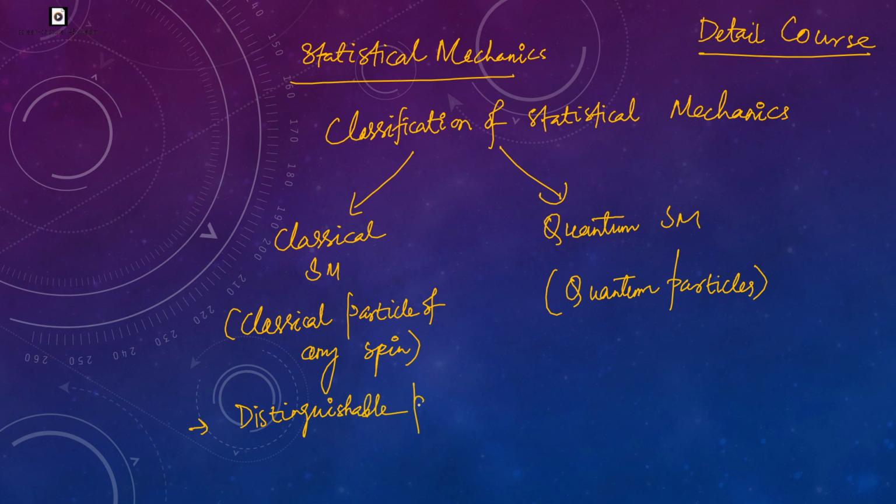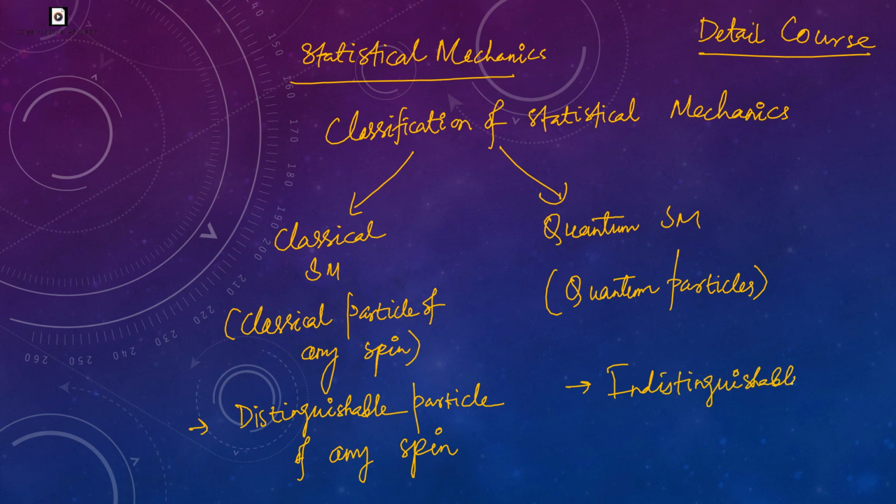Distinguishable particles of any spin. But this one, we know quantum particles are indistinguishable particles, right? So this is the classification of statistical mechanics.